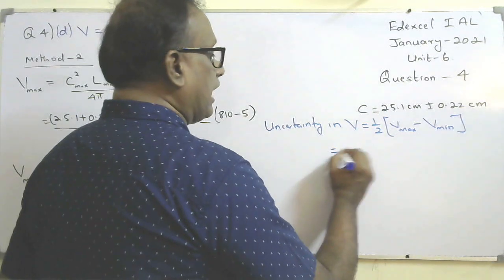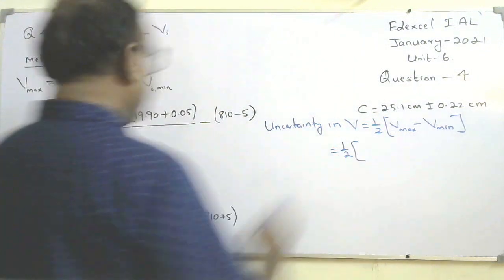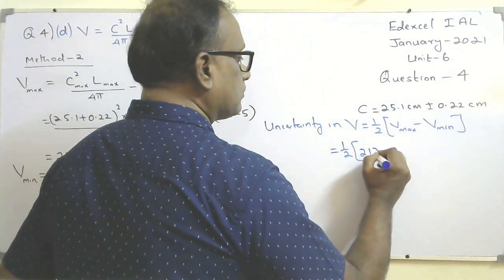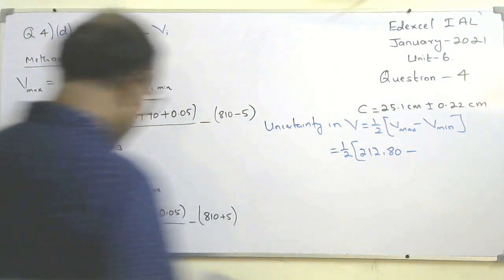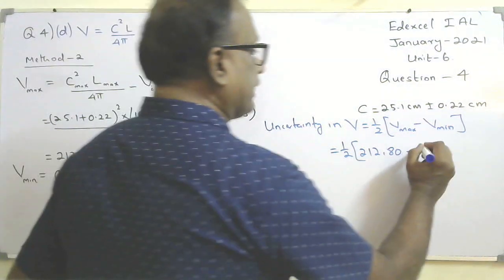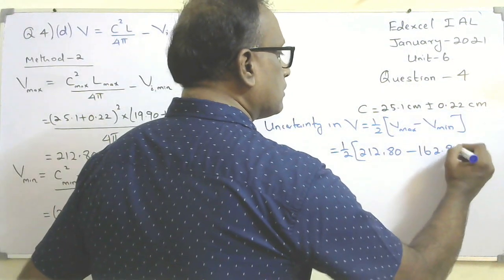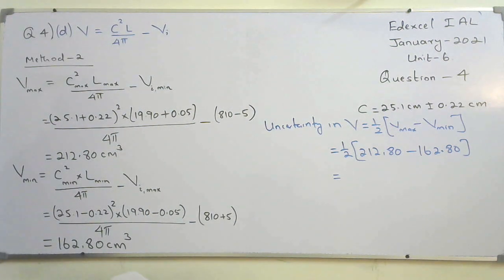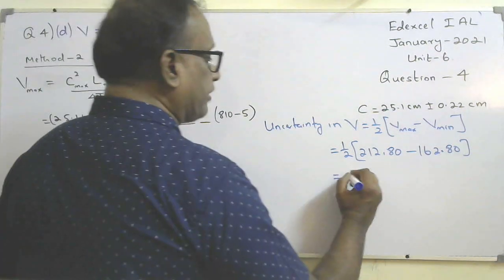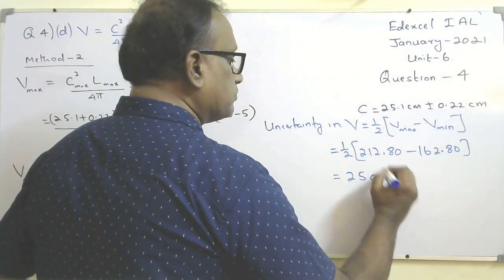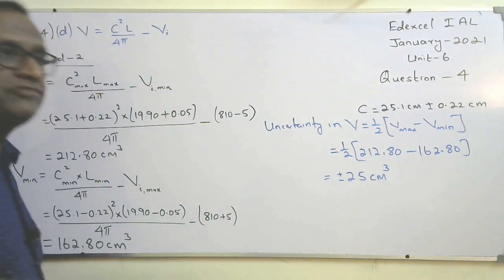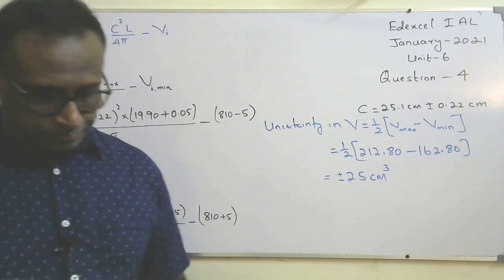So half into V max, that is 212.80, minus V minimum, 162.80. Solve it. You'll get the same answer that we got in the first method. That will be 25 cm cube. So whatever method we follow, the final answer will be the same.